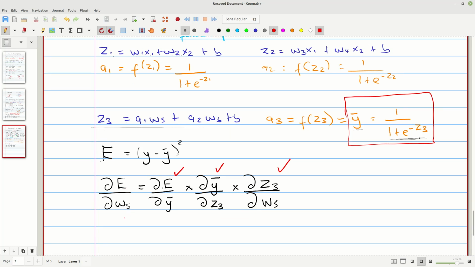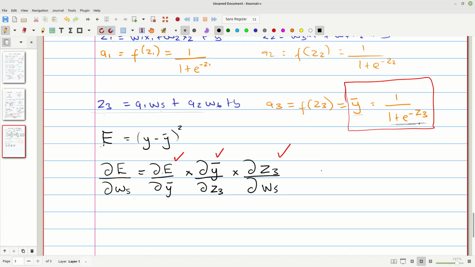But we are trying to minimize this error. So essentially we say w5 is equal to w5 minus alpha times the partial derivative of the error, which we computed here, with respect to w5.